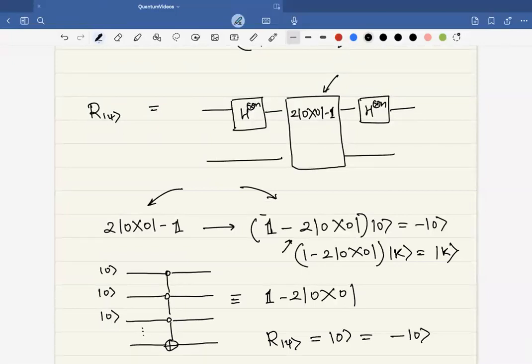On any other vector, the NOT gate doesn't get activated. So therefore, we get the implementation of this. And then we add the Hadamard gates on the side. So this is again 0 minus 1 over square root of 2. This is how we implement the details of each Grover iteration.